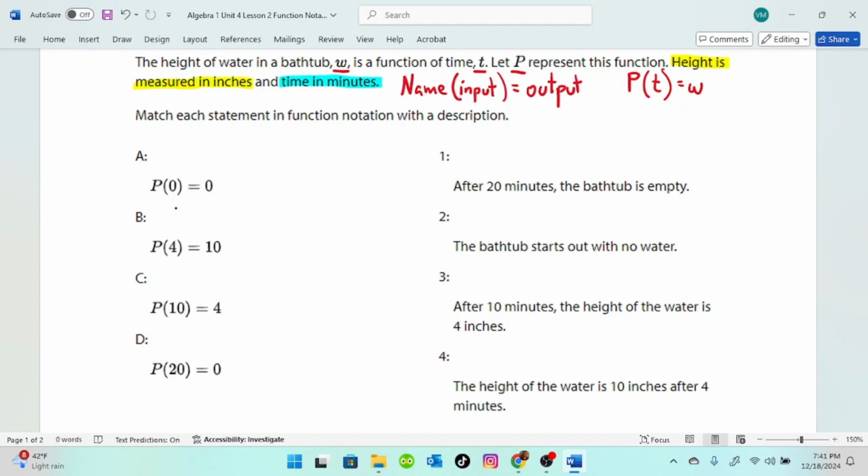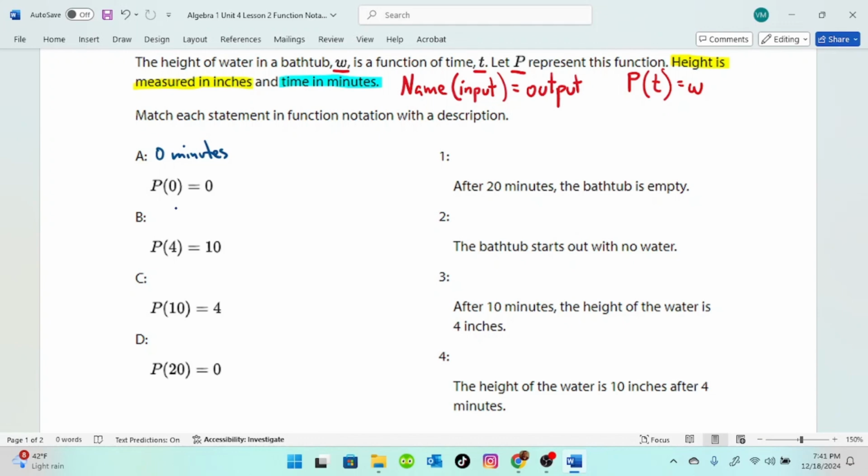So here we are saying P of 0, 0 is t, which is time, and time is in minutes. So we want 0 minutes, and then it equals w, so 0 is w, and w is the height measured in inches.